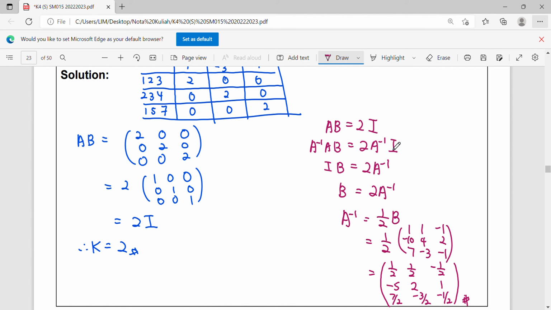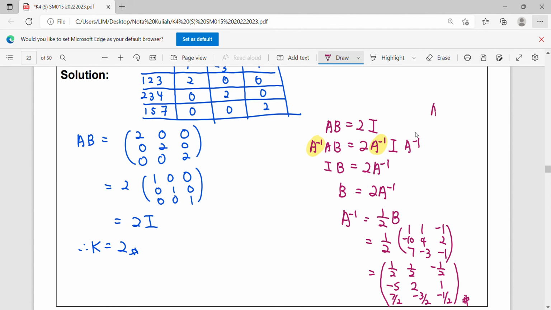I want to highlight that when you multiply by A inverse in the equation, it is not an unknown, it is a matrix. You must multiply it in front, so that it becomes the first matrix. Because for the first matrix we take rows, and for the second matrix we take columns. So you cannot put your A inverse at the back, because the rows and columns will be different already.